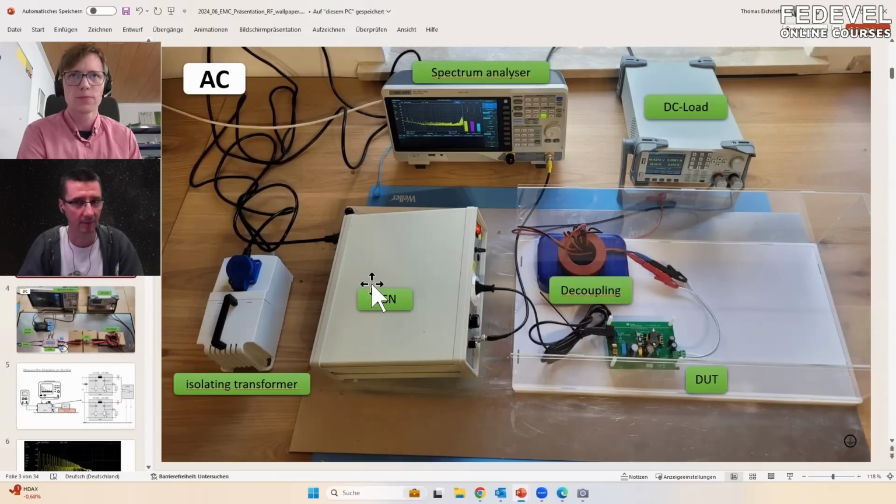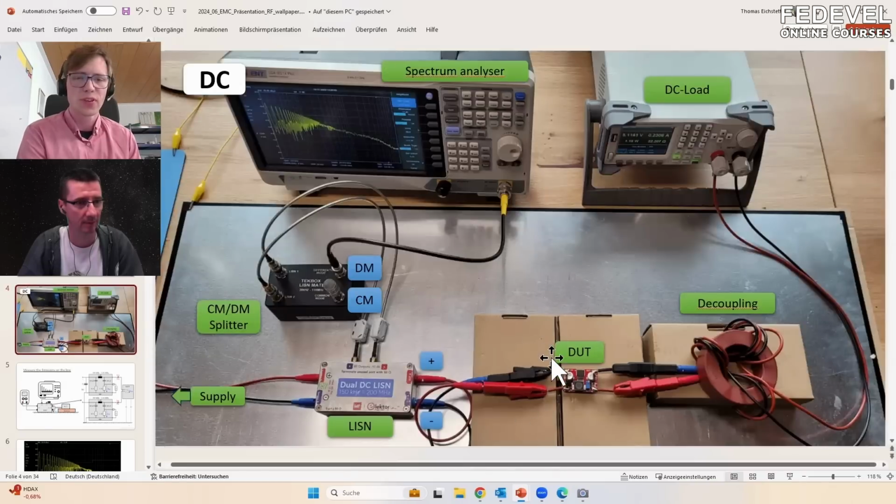And today, because this is high voltage, we will go to a DC measurement, which is quite similar. So we have also here our device under test. We have again here some decoupling. Here is a DC load.